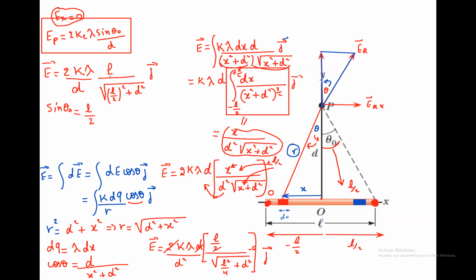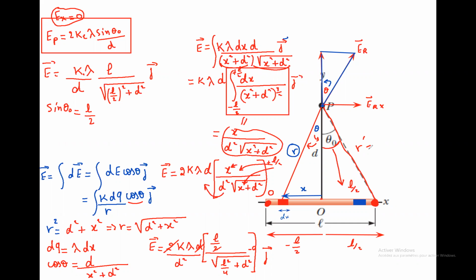Let me see. We don't have 2 here because we canceled 2 by 2. Okay, L over 2 divided by R prime.